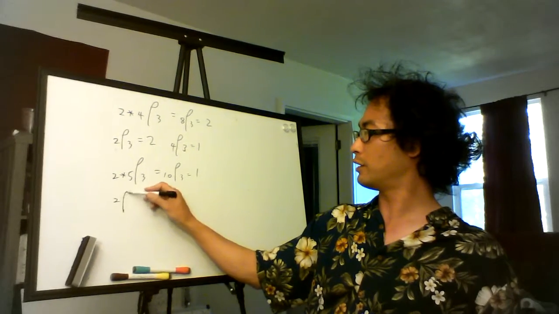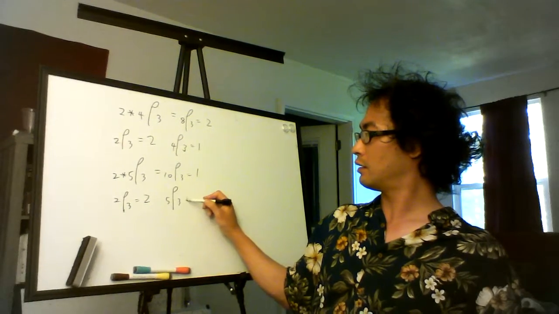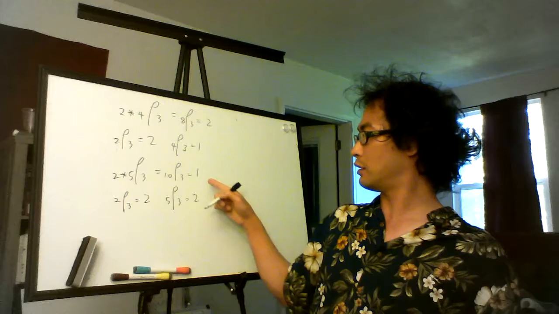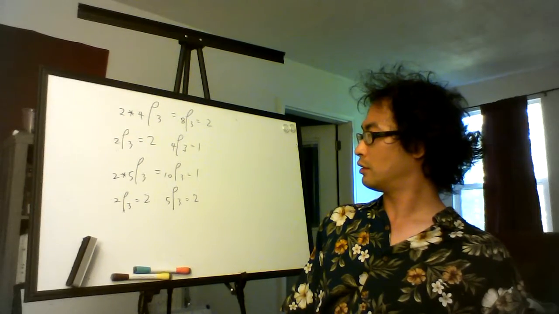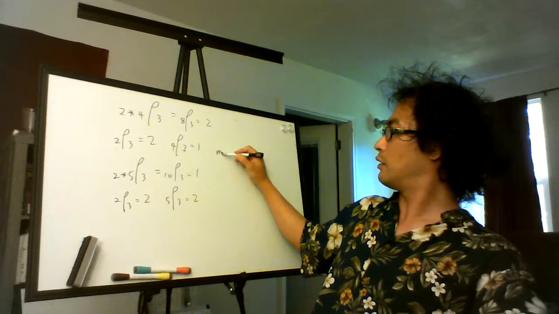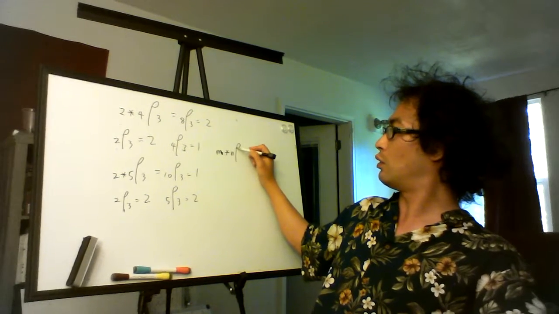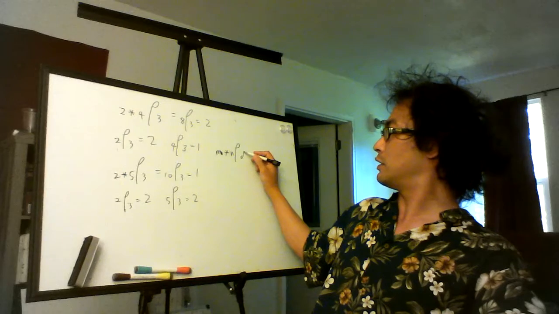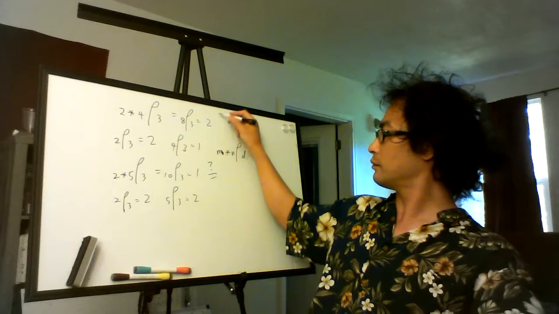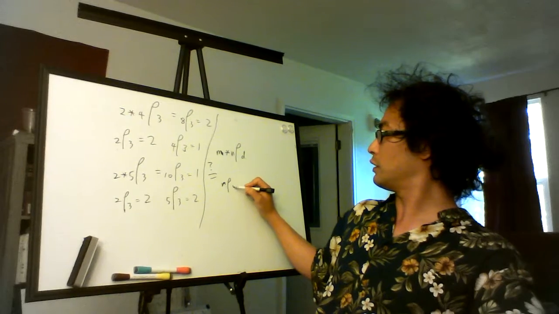So 2 rho 3, 5 rho 3, and 2 times 2, they tend to be equal to 1. Then the conjecture would be: m times n rho divisor d, is this equal to m rho d?